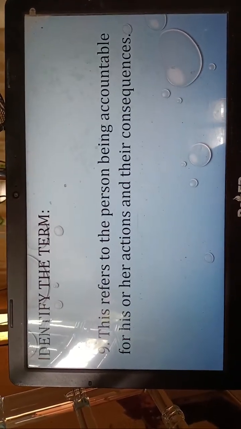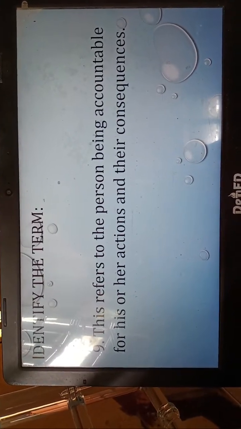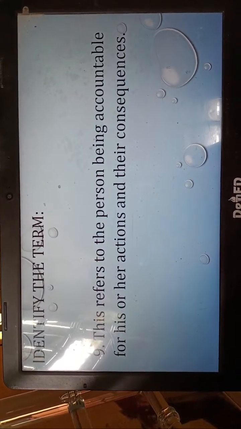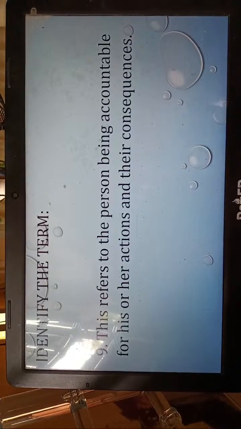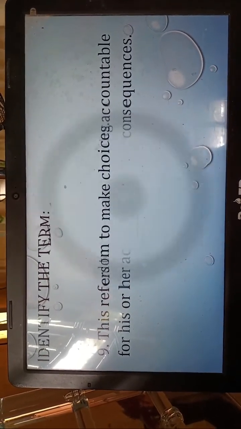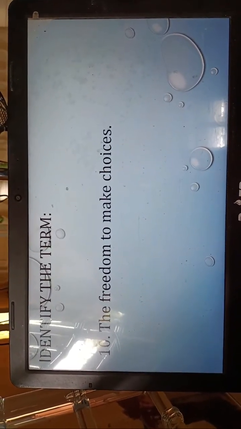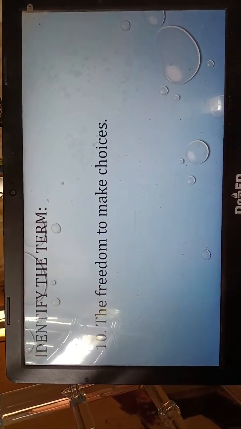And for number 9, this refers to the person being accountable for his or her actions and their consequences. Being accountable. Ano unsa kay ito? Basta na accountable. And finally, the freedom to make choices. What is this? What kind of freedom is this?